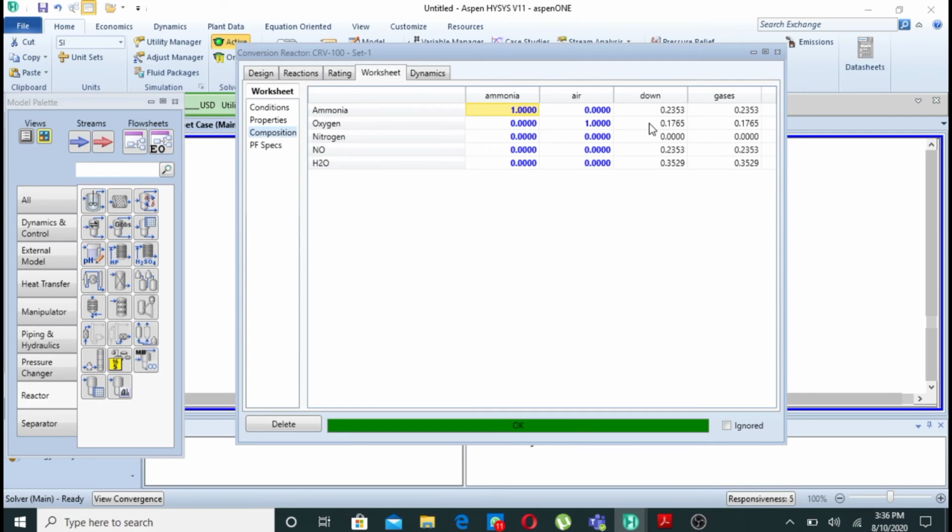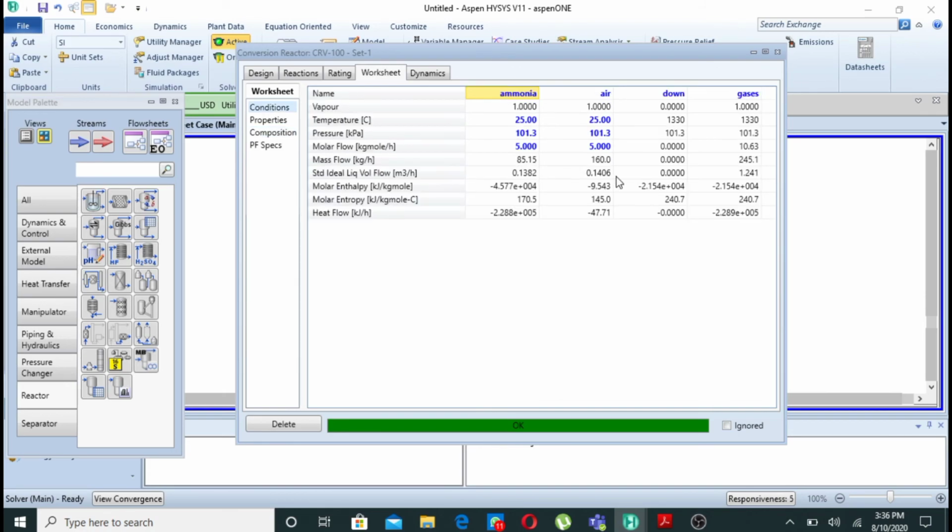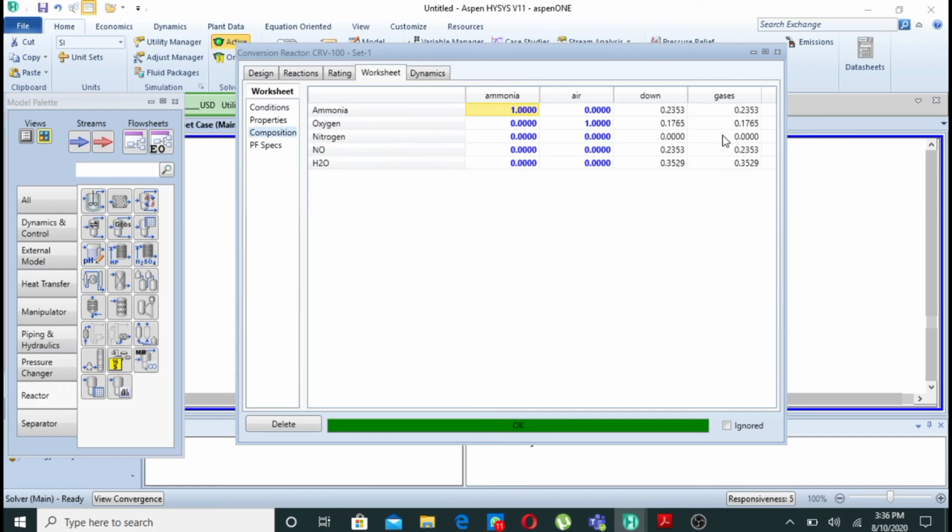But you can see that down composition and the gases composition are the same, but in down we don't have any flow rate. There is no molar flow rate. So if it is written over here, it is of no use, you don't have to be confused by it. You have to just consider these gases compositions.